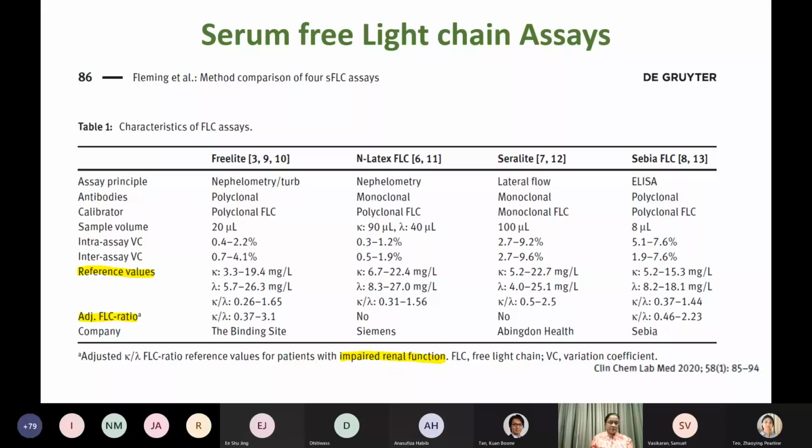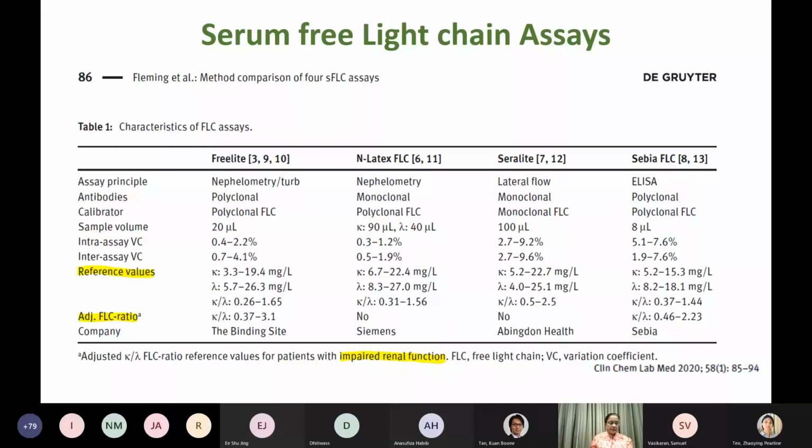Different methods use different antibodies to detect free light chains. Some use polyclonal antibodies and some use monoclonal antibodies. The assays with polyclonal antibodies can recognize multiple epitopes, and the monoclonal antibodies usually recognize a single epitope. Results reported in literature suggest that assays using polyclonal reagents detect a higher proportion of monoclonal free light chains.